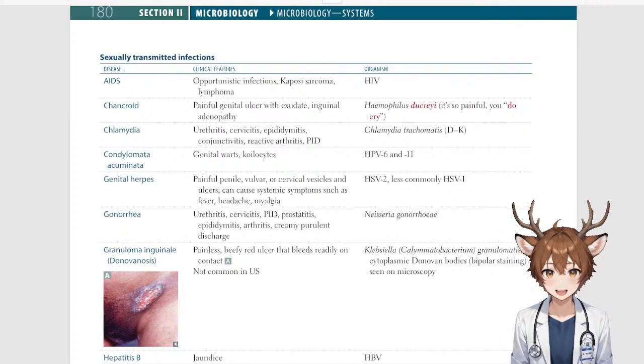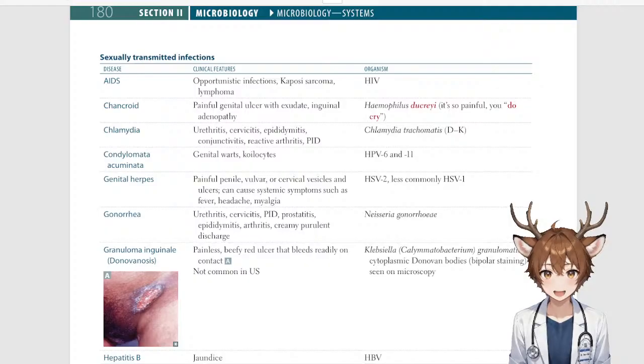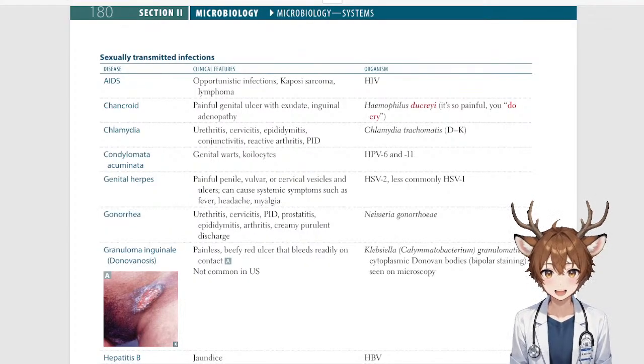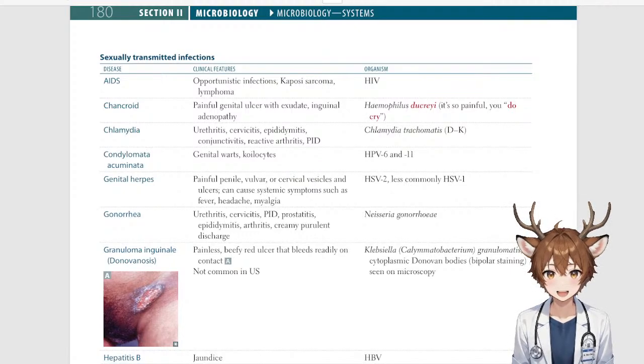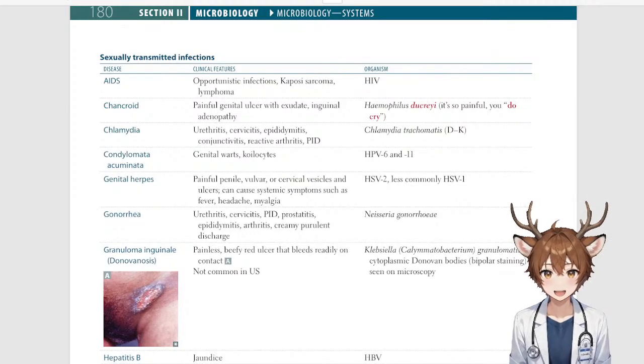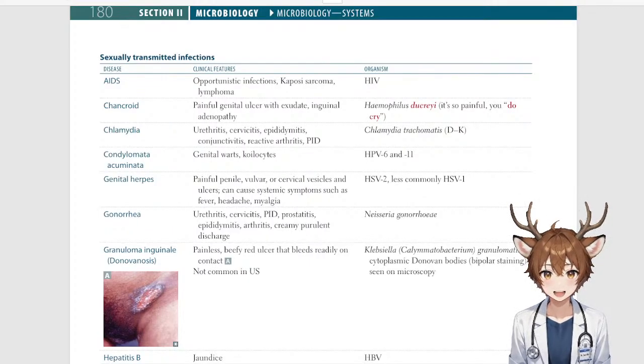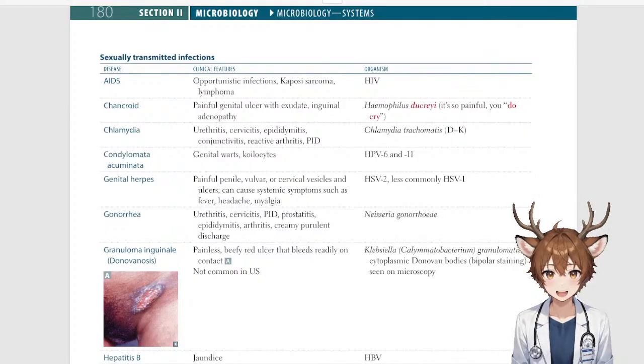We talked about it in the last stream that HSV2 is naturally adapted to being an STD, basically. It's a virus accustomed to the genital region, while HSV1 is accustomed to the oral region, which is why HSV1 is traditionally called oral herpes and HSV2 traditionally called the genital herpes virus, informally kind of.